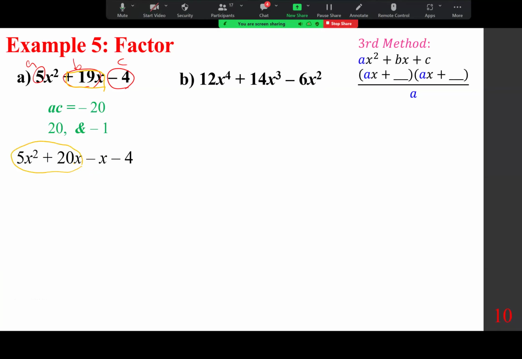Take out the 5x, we get x plus 4. And this one, all you have to do, take out negative sign. But I want to make sure we understand what we are doing. So I'm going to put negative 1. So the result is x plus 4 times what is left here, which is 5x, and what is left here, which is minus 1, in any order.